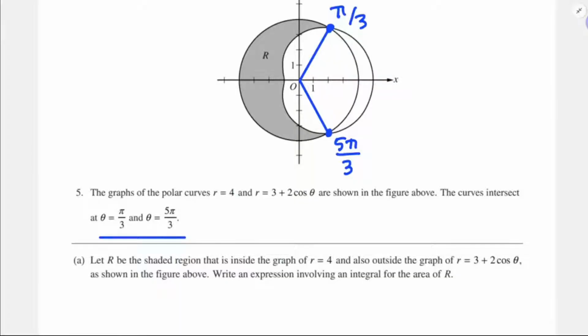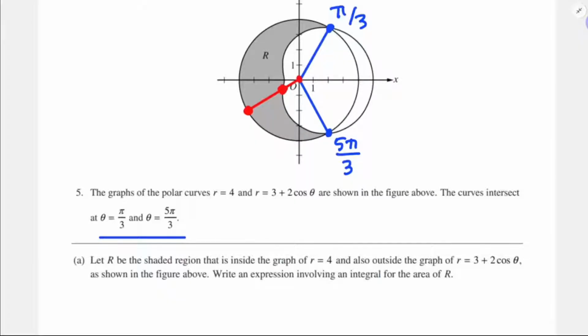But this one is not one of those, and I can tell that by drawing a radial line from the origin to the edge of the region I want to find the area of. And if I'm hitting two different curves, you need to take either two different integrals and subtract them, or you need to just be subtracting because it's the area between those two different curves.